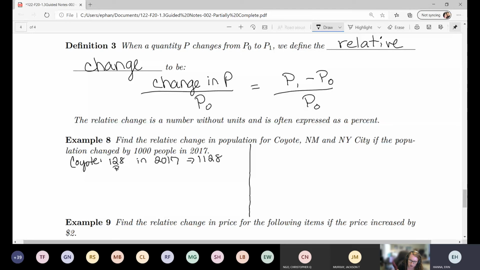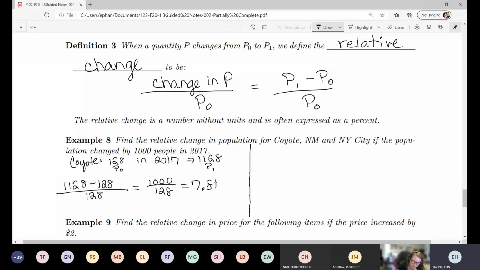The starting value is P0, and the ending value is P sub 1. So our relative change is going to be P sub 1, the 1128, minus P0, so minus 128, over the original value of 128. We could type that into a calculator. This is going to be 1,000 over 128.